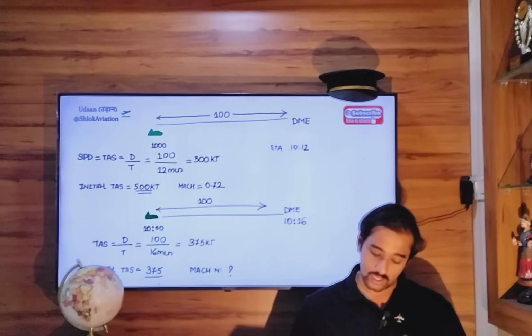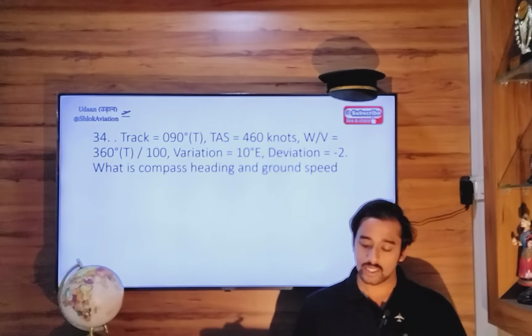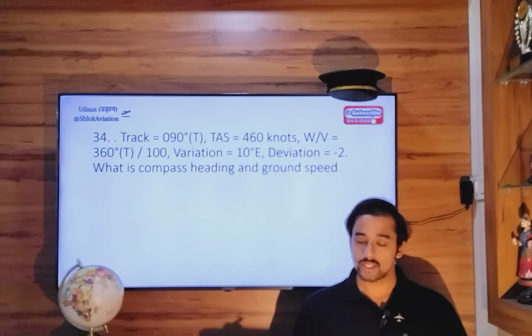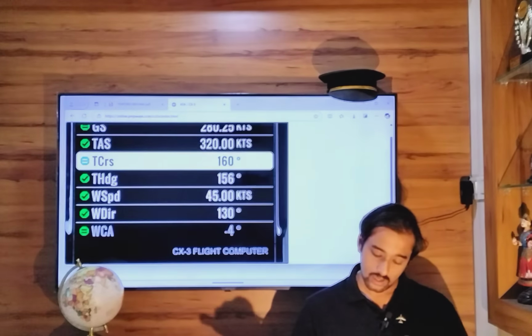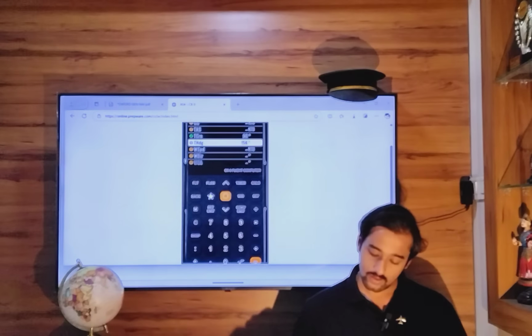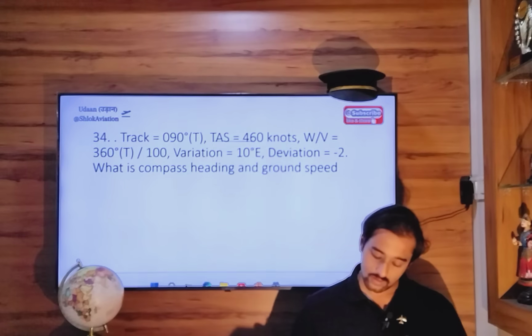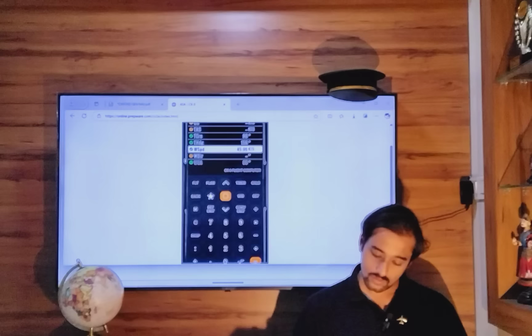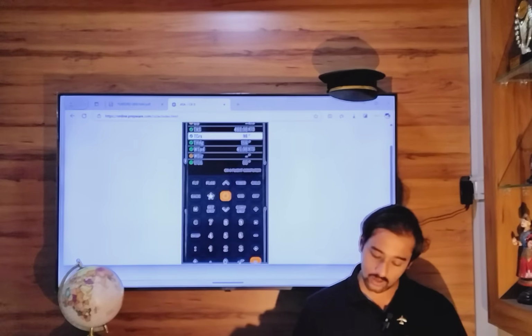Next, question 34. Track is 090, TAS is given, winds are given, variation is given, deviation is given. What is the compass heading and ground speed? In order to find compass heading, we must first find true heading. Let's use CX3. True course is 90, TAS is 460, winds 360 at 10.